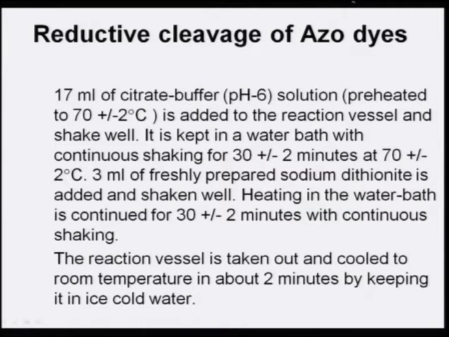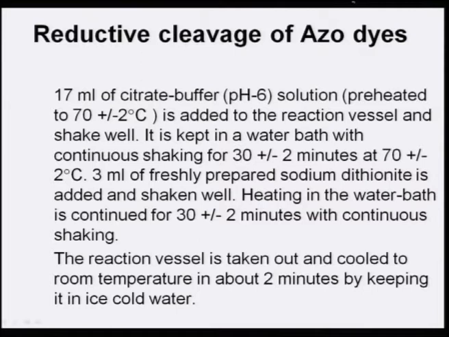17 ml of citrate buffer, which is at pH 6 solution, preheated to 70 degrees approximately, is added to the reaction vessel and shaken well. It is kept in a water bath with continuous shaking for 30 minutes or so at 70 degrees. 3 ml of freshly prepared sodium dithionite is added and shaken well.